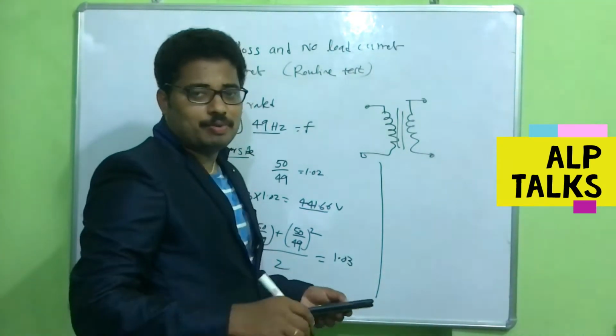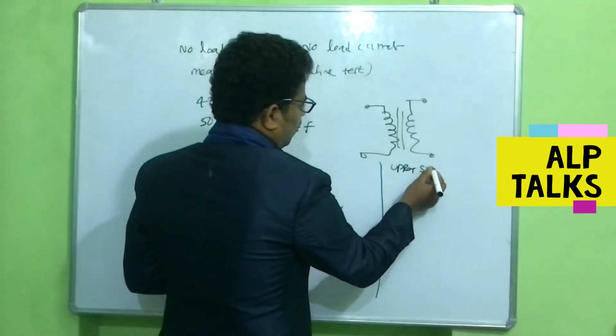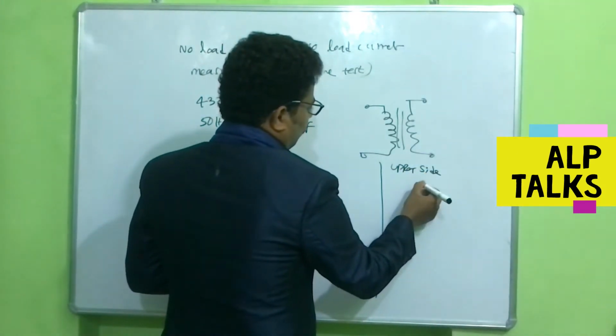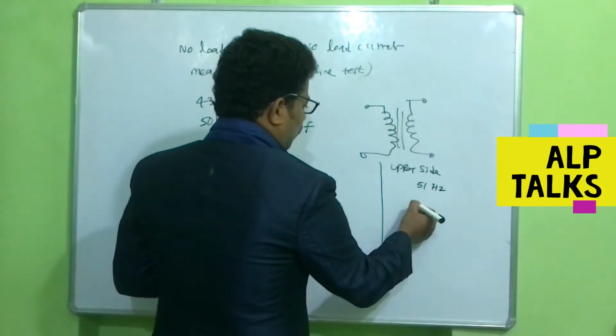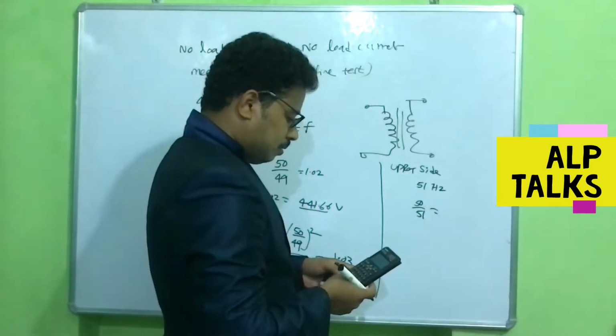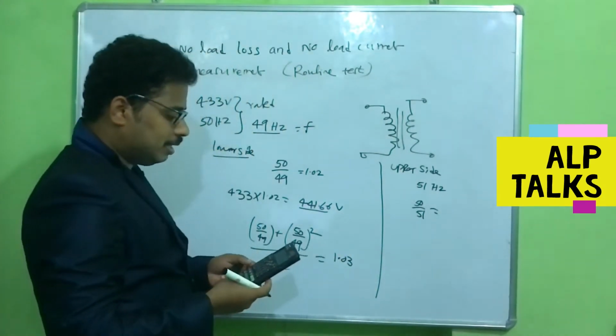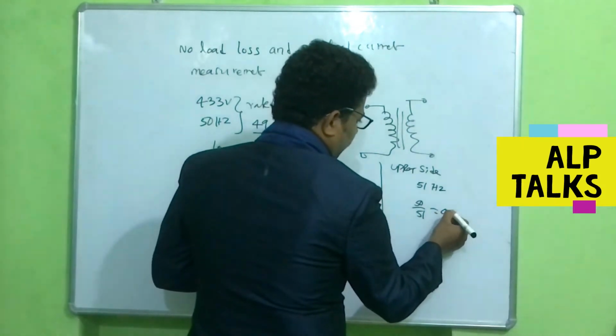So what happens if frequency is on upper side? Whenever the frequency is on upper side, for example, let's say 51 hertz, similar way we will convert. So 50 is our rated frequency, 51 is the current supply frequency.